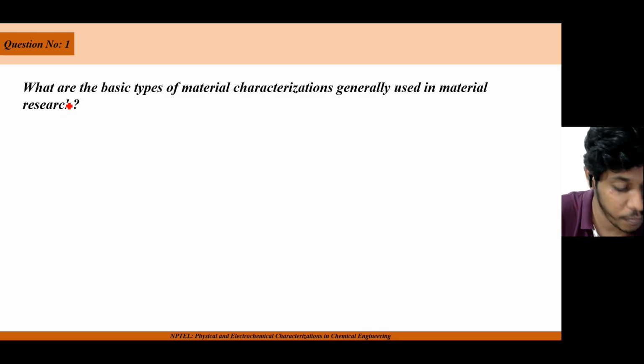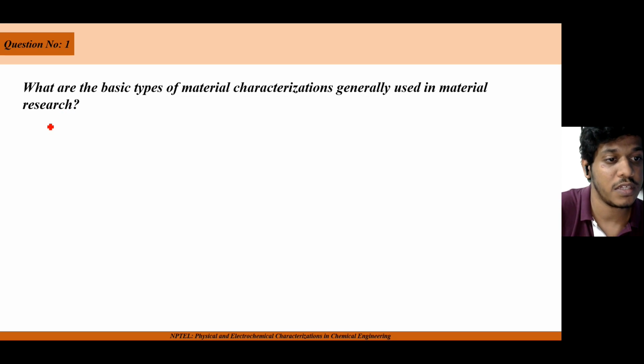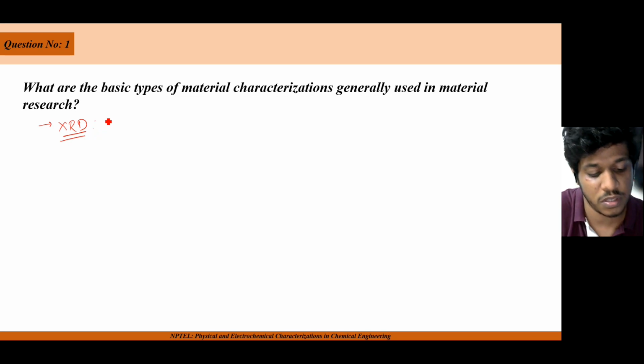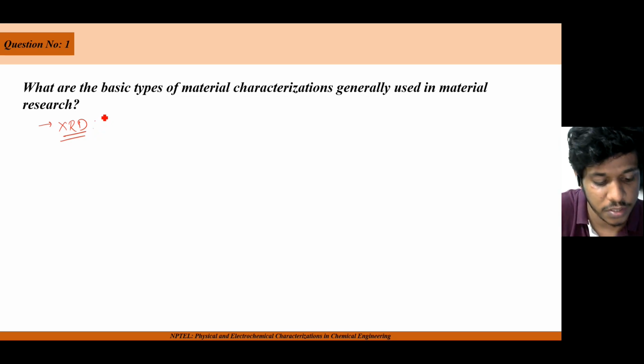Of that, some of the major characterization techniques are, say, XRD. XRD is a very common technique that has been used in material science to understand the crystal structure and the crystalline quality of the materials.